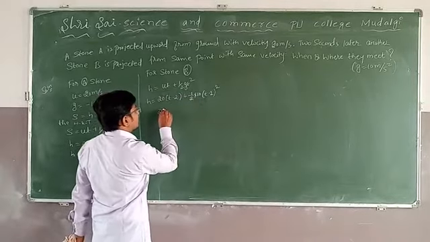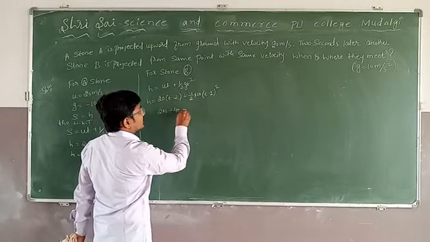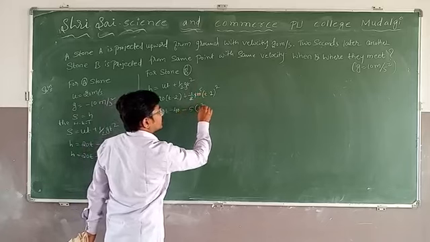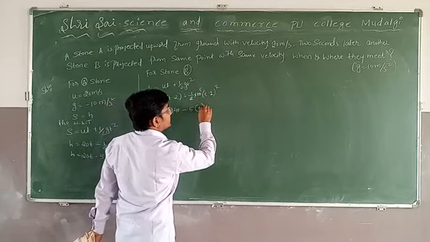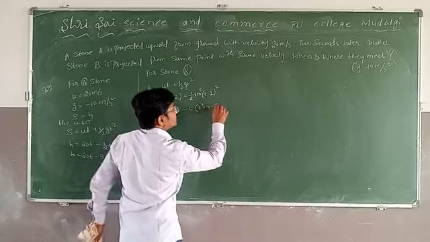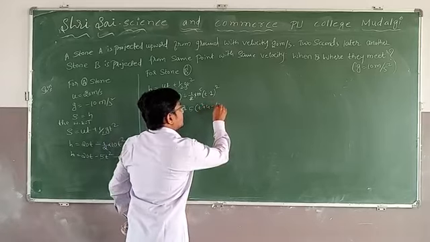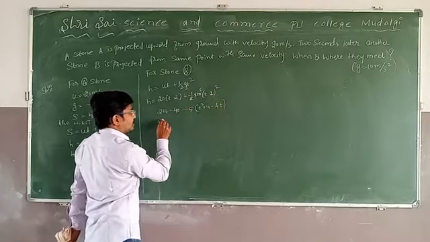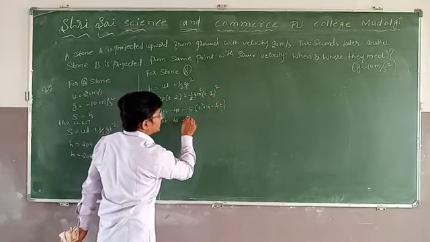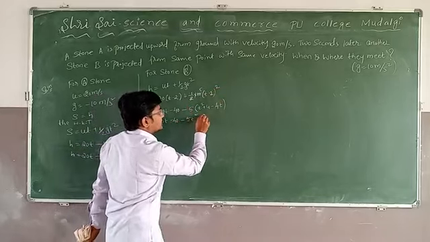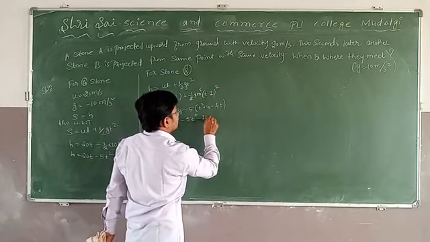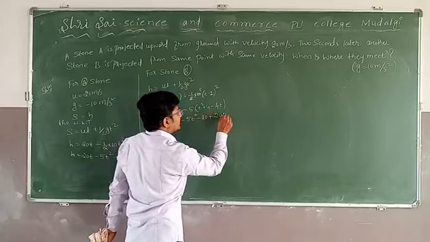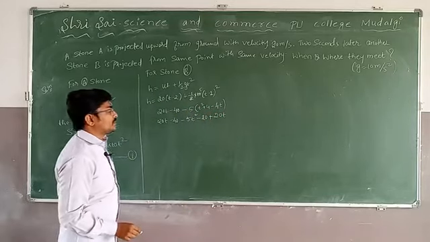Simplify it. 20t minus 40, here 2 fives are 5 into t square minus 4t plus 4, using the a minus b whole square formula. 20t minus 40 minus 5t square, minus 4 into 5 is 20, minus 20, plus 20t. Any simplifications cancel?